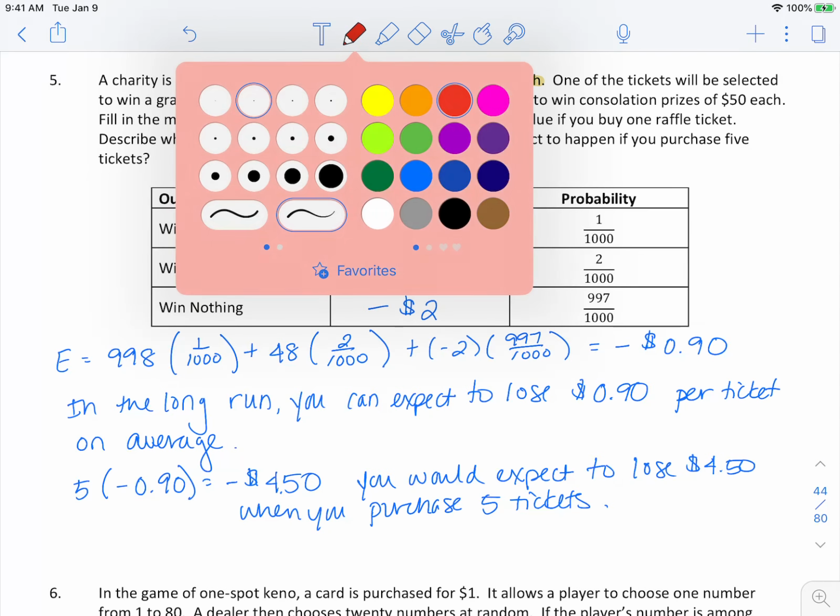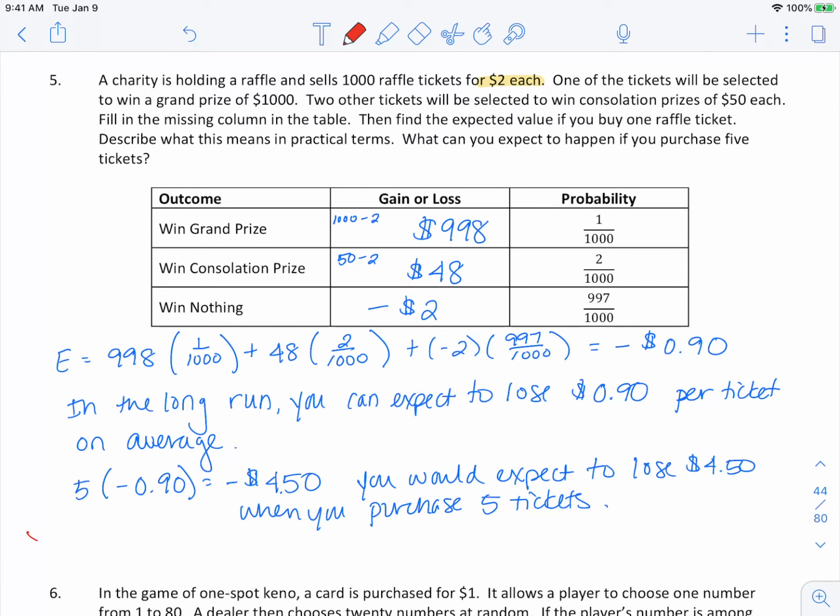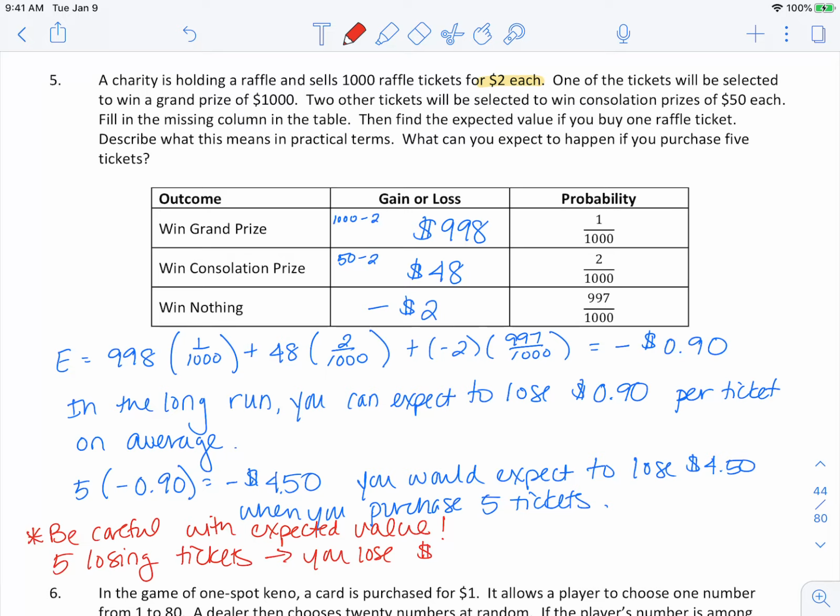But I'm going to put this in red. You have to be careful with expected value. Because think about this. If you have 5 losing tickets, you lose $10, right? It's not the negative $4.50. If you have 5 losing tickets, you actually lose $10, right?